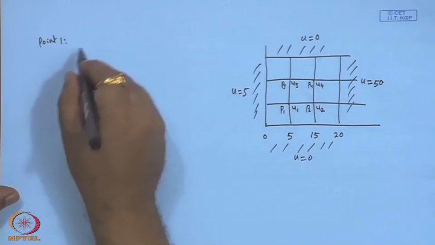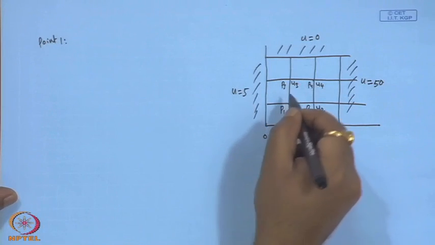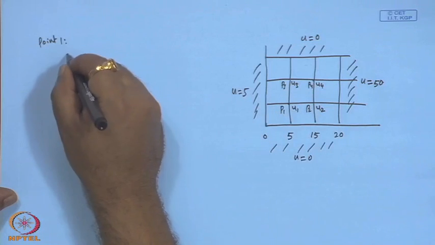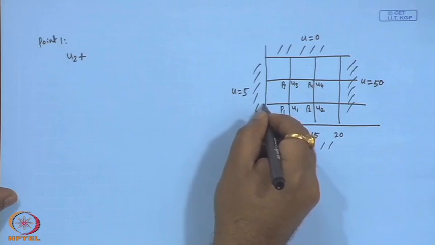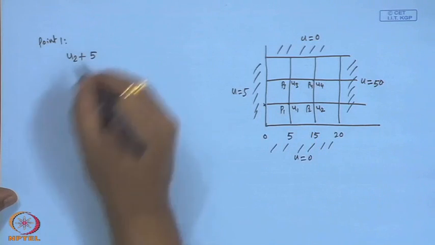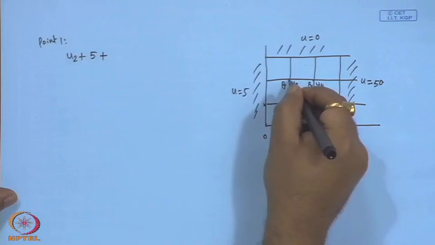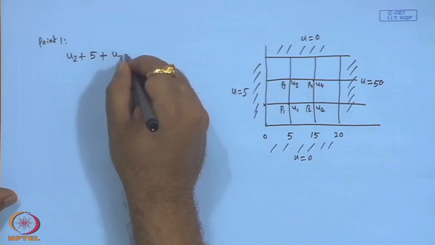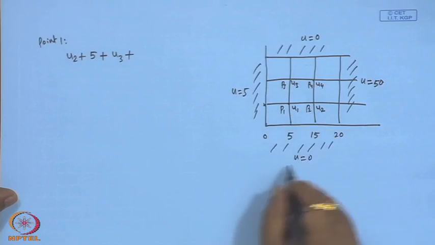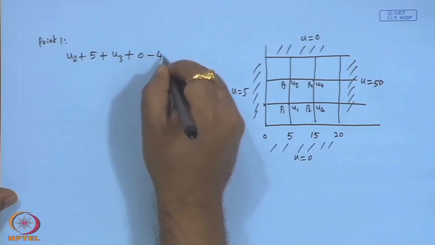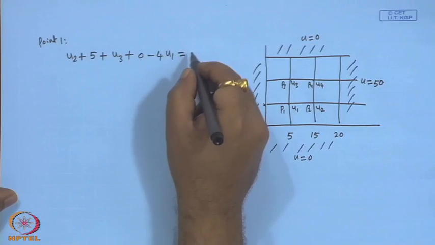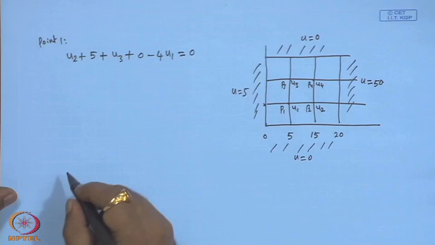Okay. So, at point 1 if you run the equation we get u 2 plus this value 5 plus u 3 plus this value which is 0 minus 4 u 1 equals to 0.